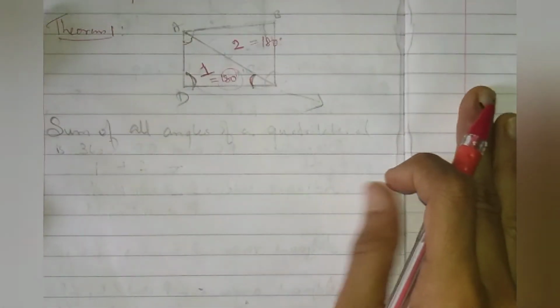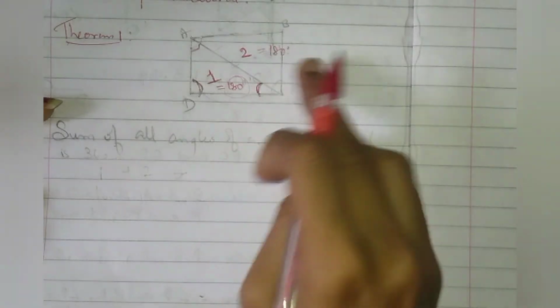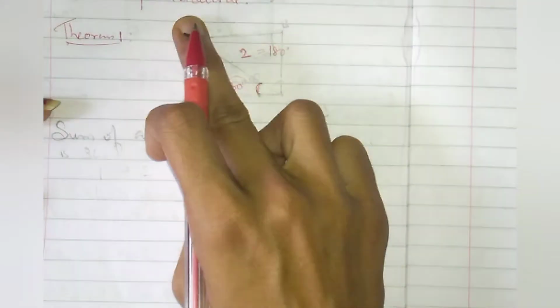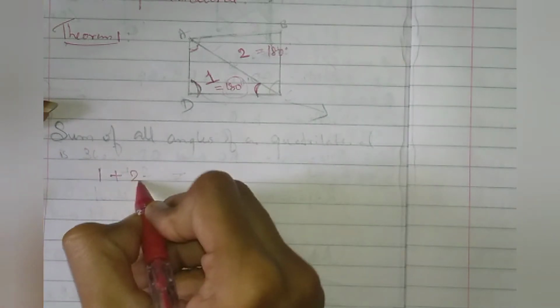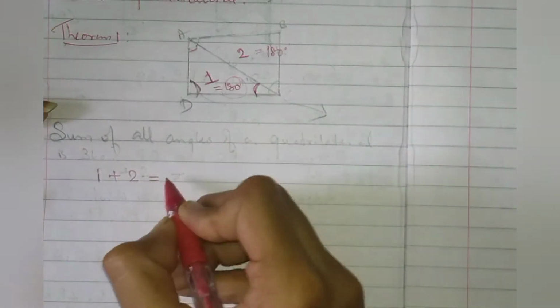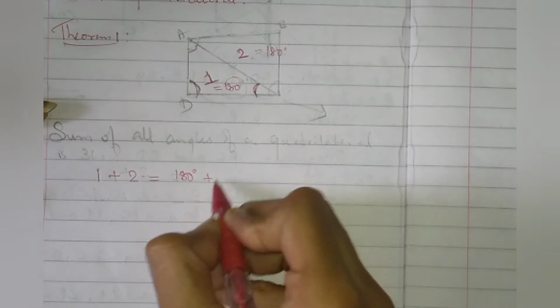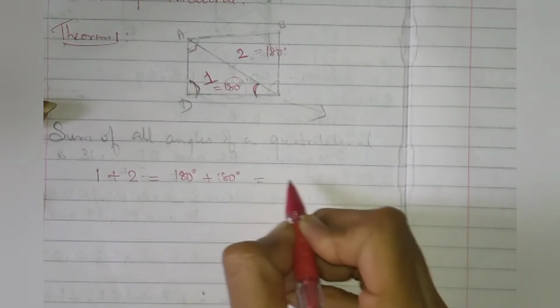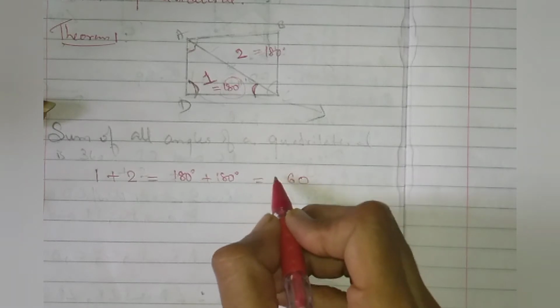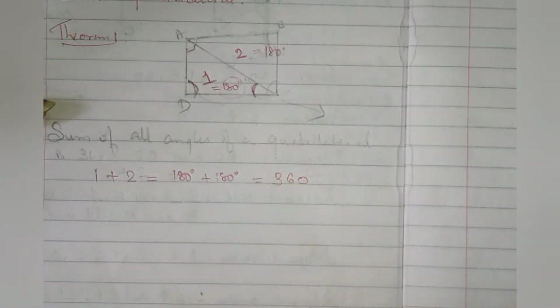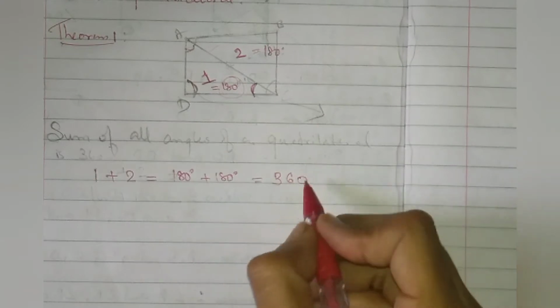Adding them, we get all 4 angles: 180 plus 180 equals 360.